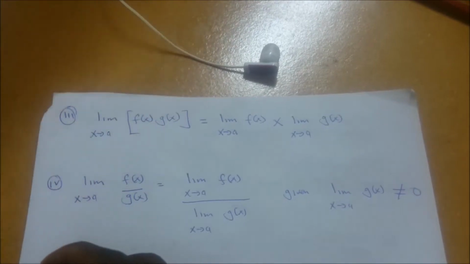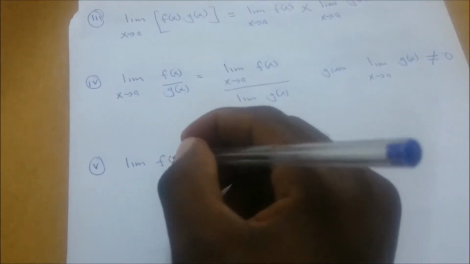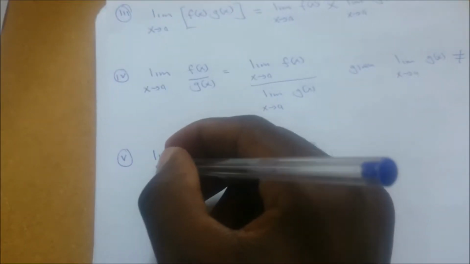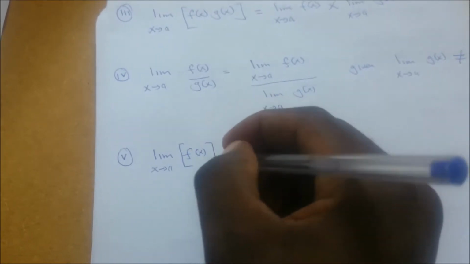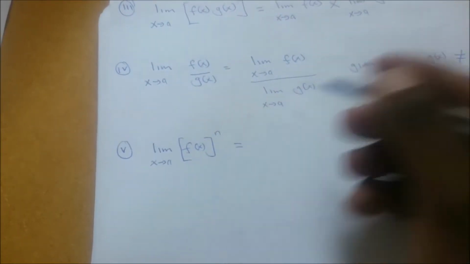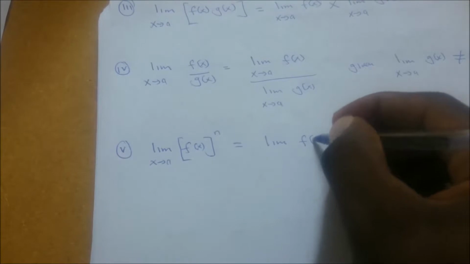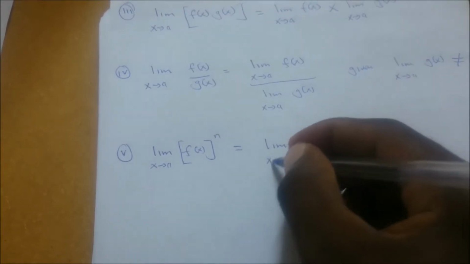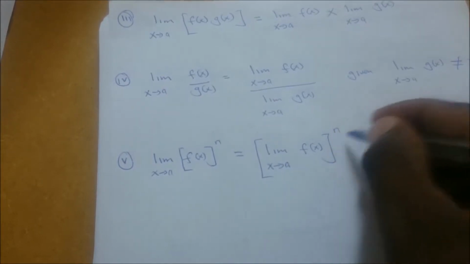Then the limit of f of x as x is approaching a, this f of x is raised to the power n, is equal to the limit of f of x as x is approaching A, everything to the power n.